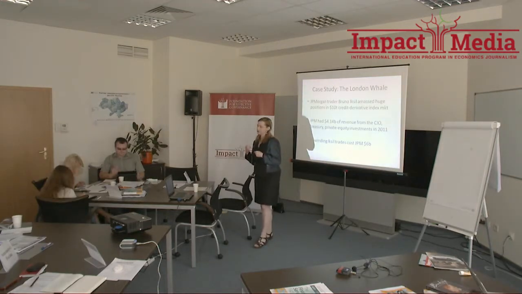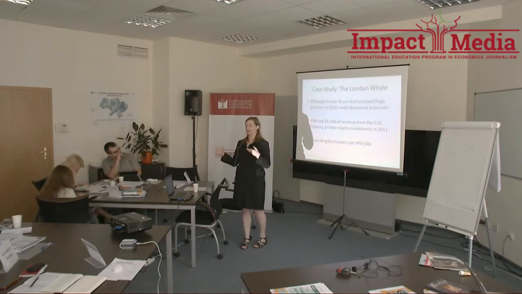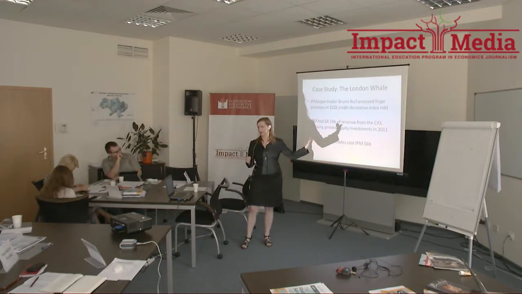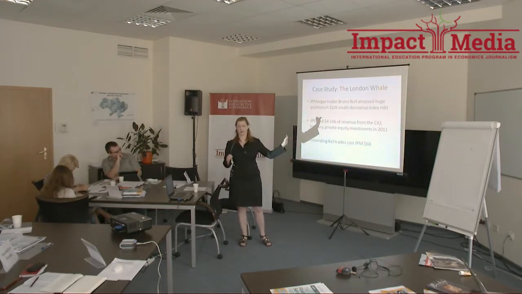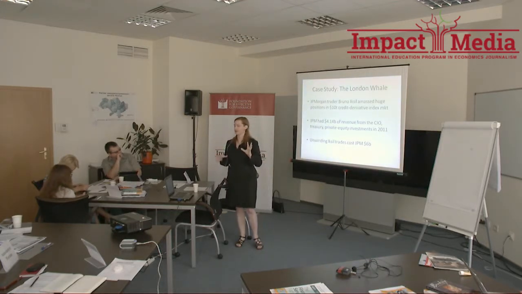Even though we already had the derivatives crisis and people thought a lot of this might be over, there are still a lot of problems out there. And did you all hear about the London whale? Okay. So basically, this trader at JP Morgan was buying up huge positions in the credit derivative index market.